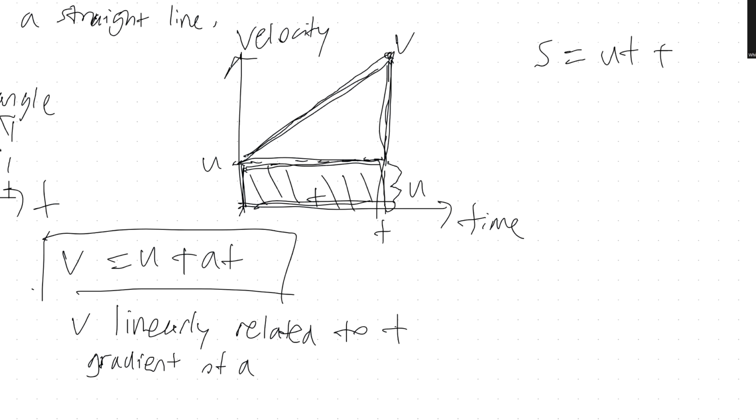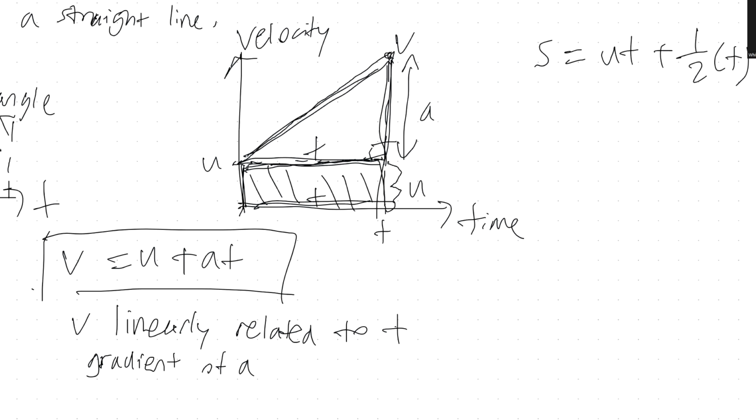And as for this triangle here, it's a right triangle. So the area will be half times the base. The base is also of length t, multiplied by your height. And your height is of a length of, because your change in velocity is actually at, your acceleration times time. So therefore, this length is also at.